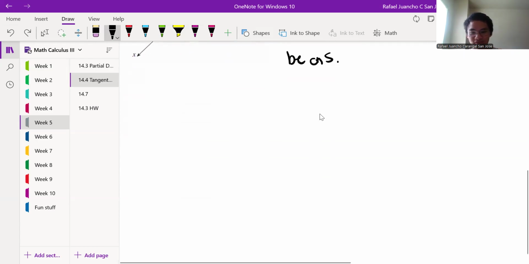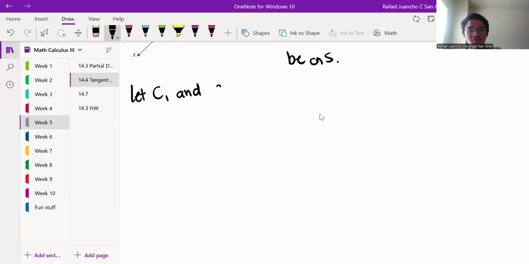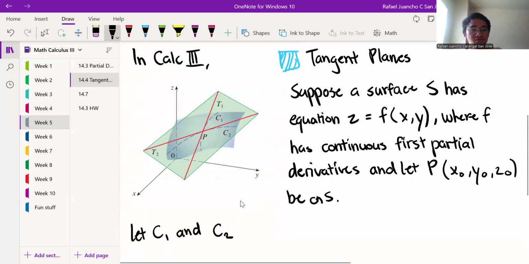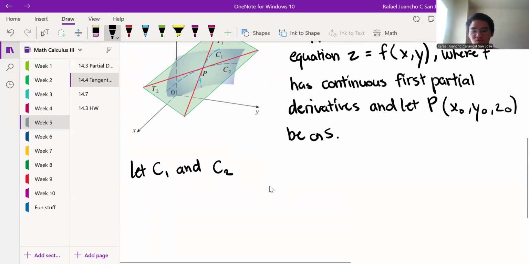Okay, so after describing that picture, previously in our lecture on partial derivatives, we were able to talk about intersecting curves. And so we let C1 and C2. I'm talking about the C1 and C2, the ones with the dashed lines. How in the world did we get those again? Well, we had planes that intersect this quadric surface S. So they're intersecting curves.